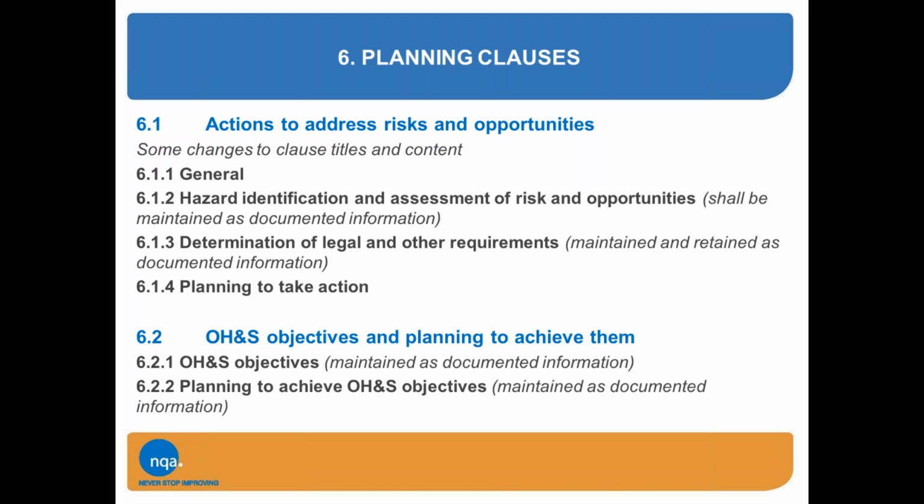They need to be maintained as documented information because they also need to be communicated and people need to be aware of what their objectives are within their particular roles and disciplines within an organisation. If they're not documented, how is that communicated? How do they understand how they're going to contribute to the effective implementation of those objectives?